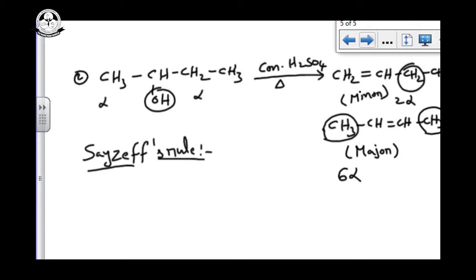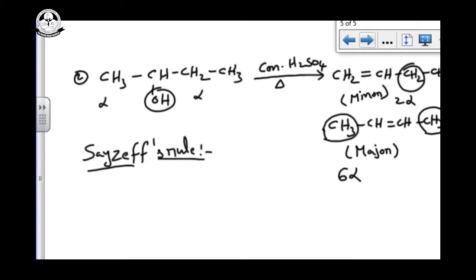Once again, the Saytzeff rule means removal of hydrogen from the alpha carbon containing fewer hydrogens gives the major product.